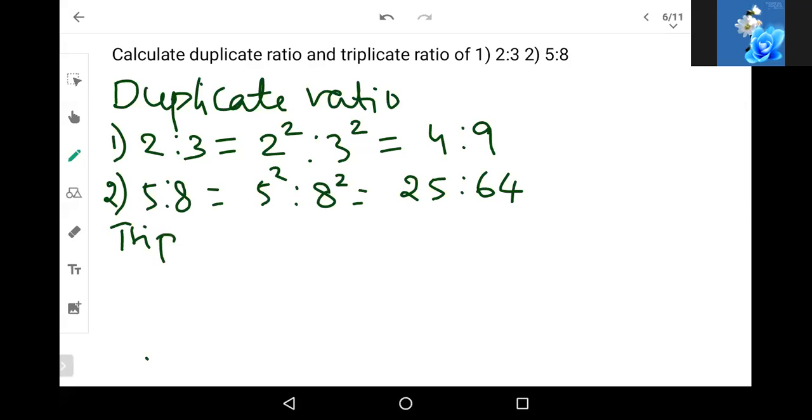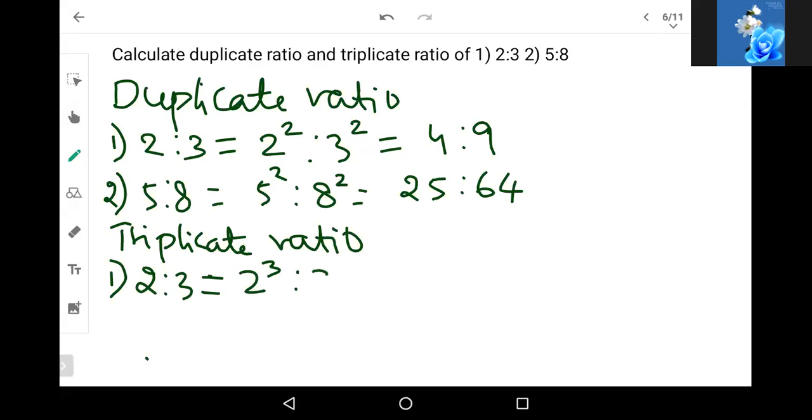Okay, now similarly find the triplicate ratio. In triplicate ratio you are supposed to cube them. Okay, triplicate ratio 2:3. 2 cube is to 3 cube, which means 3 times you have to multiply. 2 twos are 4, 4 twos are 8, is to 3 threes are 9, 9 threes are 27.